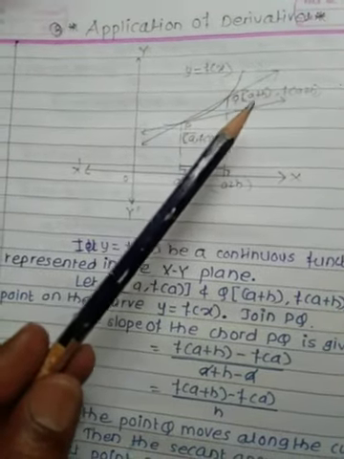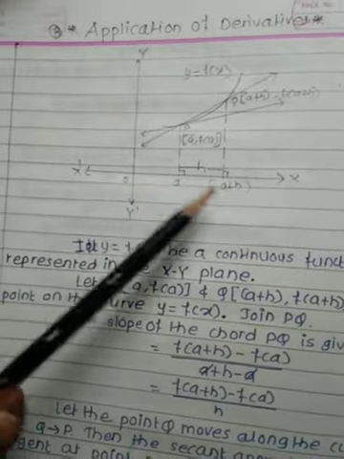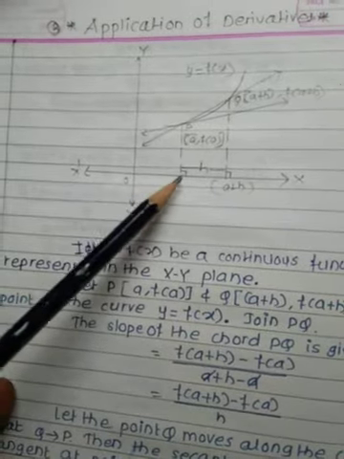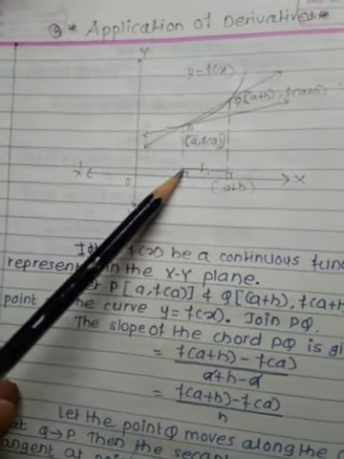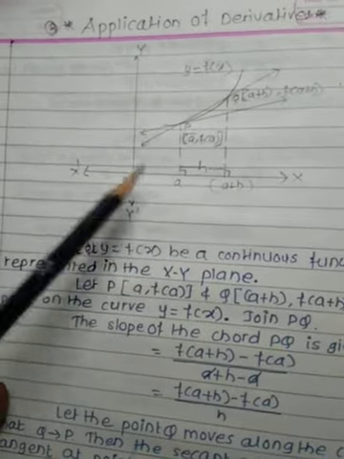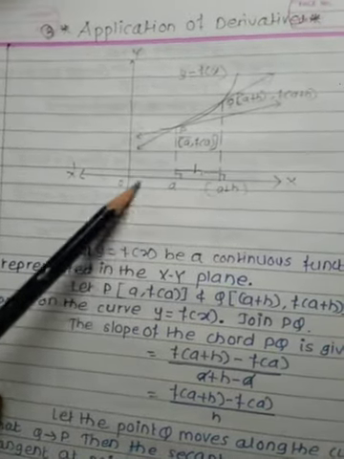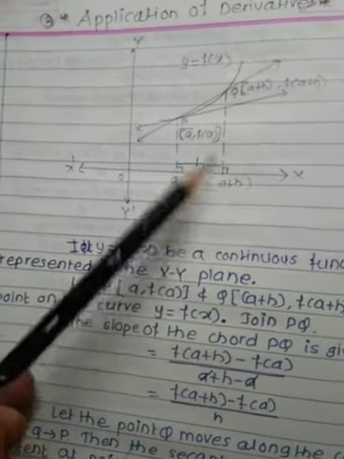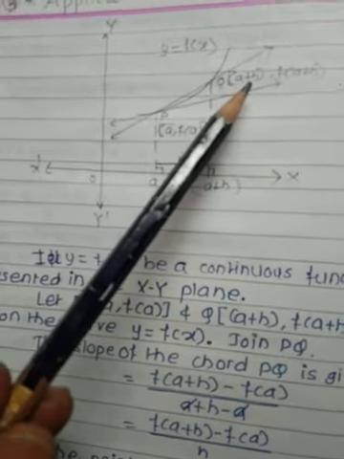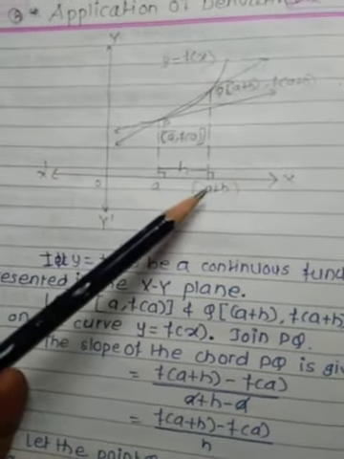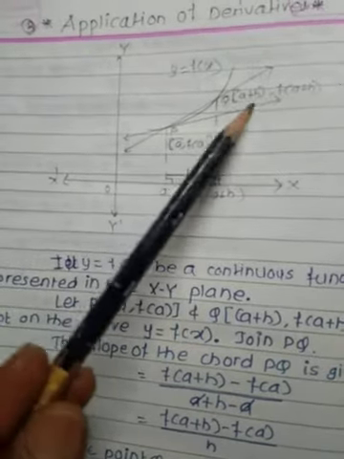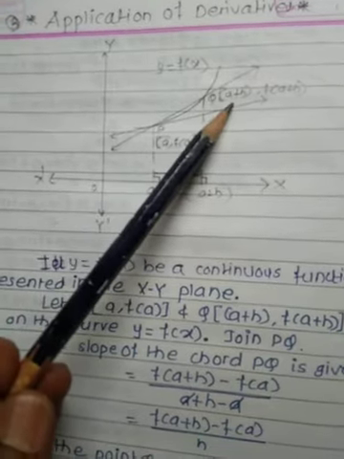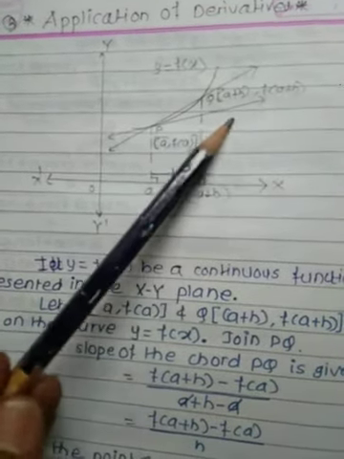The distance between b and a is h, so a plus h is equal to b. So a plus h is the x-coordinate of point q, and substituting x equal to a plus h, f of a plus h is the y-coordinate.